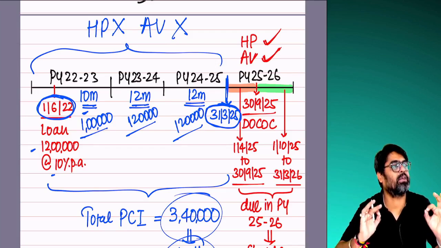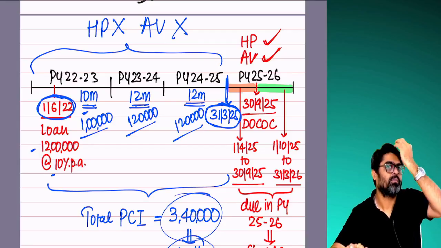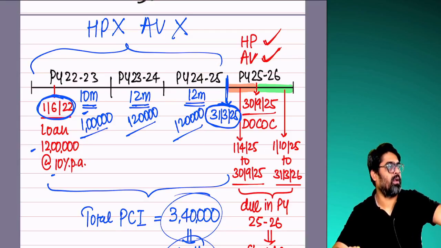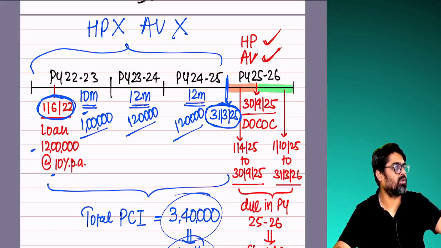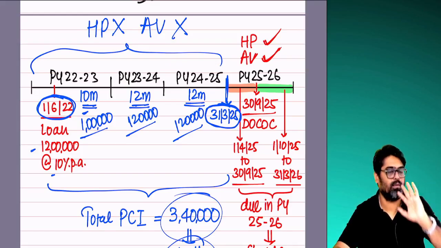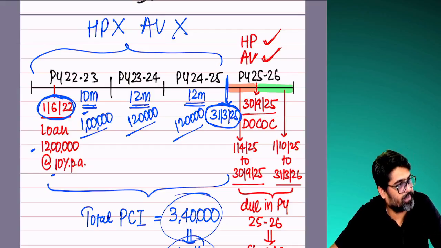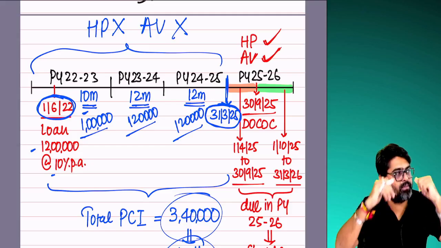What is pre-construction interest? You will always say the interest which relates to pre-construction period. The interest which relates to pre-construction period is pre-construction interest. Right? Now what is pre-construction period?